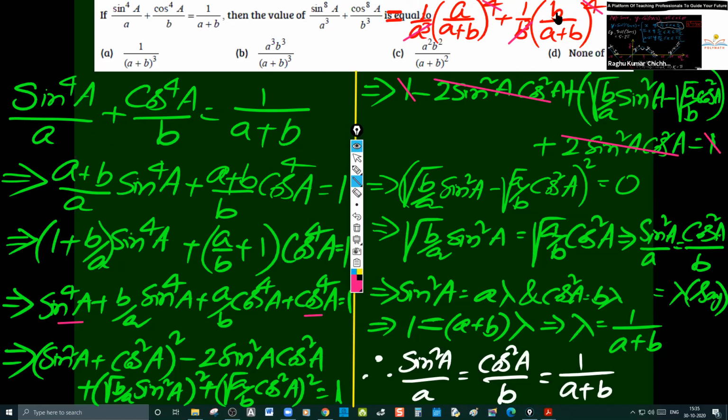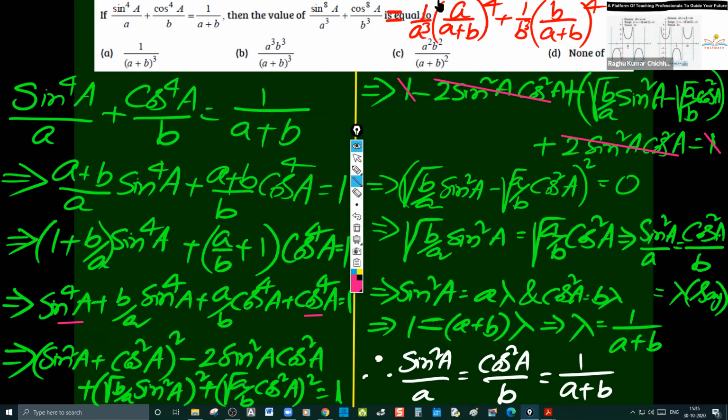If I cancel it, you may be getting confused because the power 4 existed. Now that is mind calculation. You can say A cube, A power 4 in the numerator, A remains. B cube, B power 4 in the numerator, B remains.